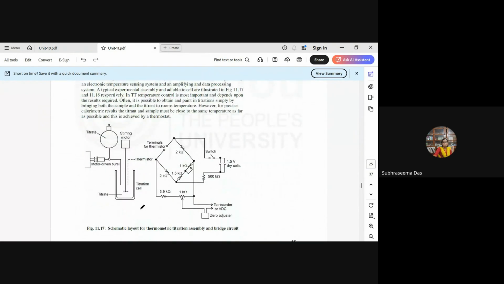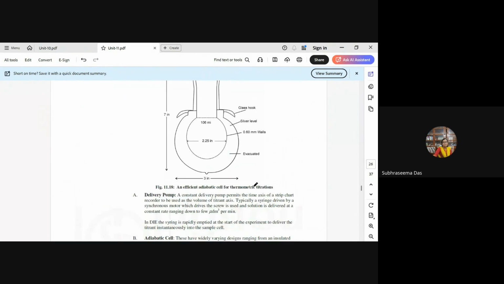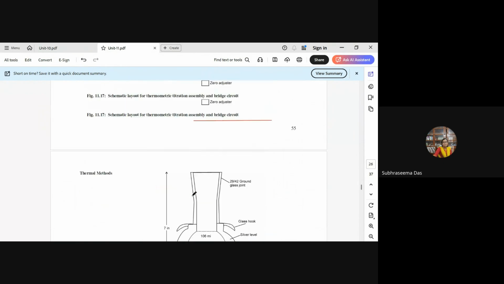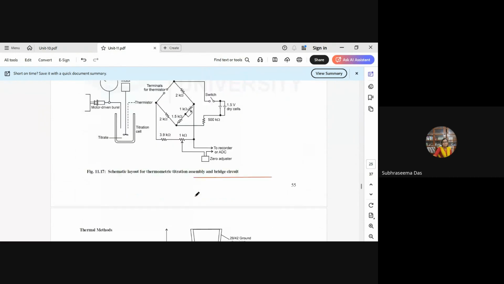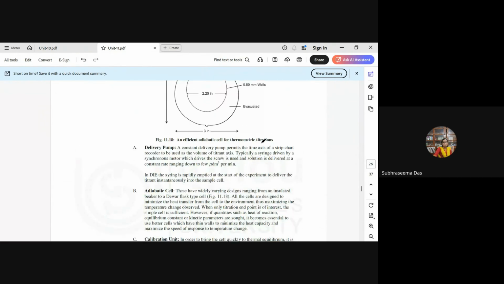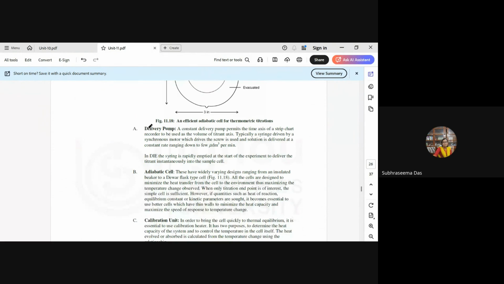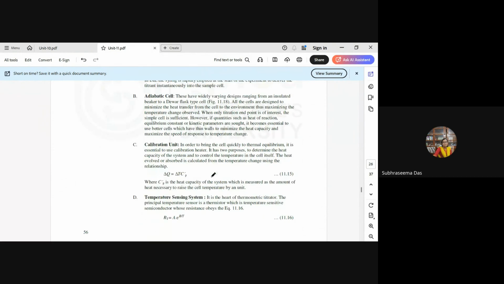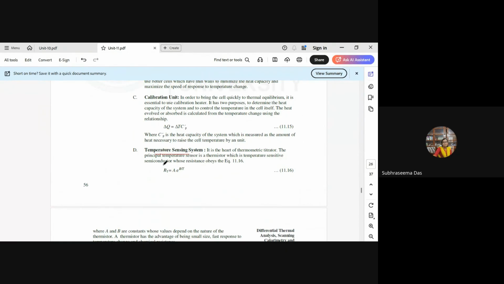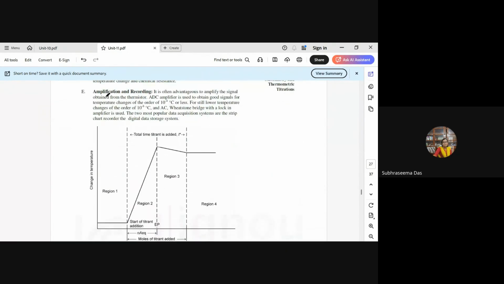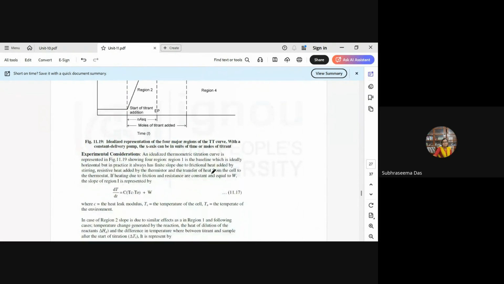This is the schematic layout for the thermometric titration assembly and the bridge circuit. This is an efficient adiabatic cell for thermometric titrations. It consists of a delivery pump, an adiabatic cell, a calibration unit, a temperature sensing system, and finally the amplifier and the recorder.